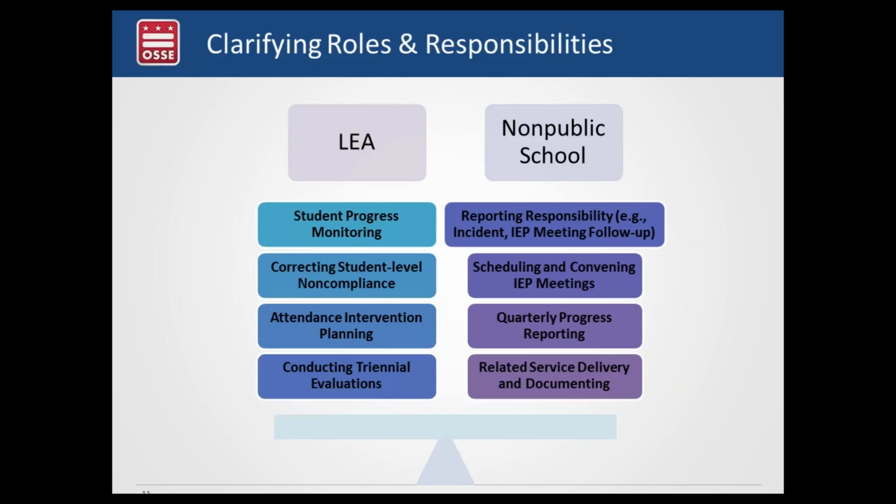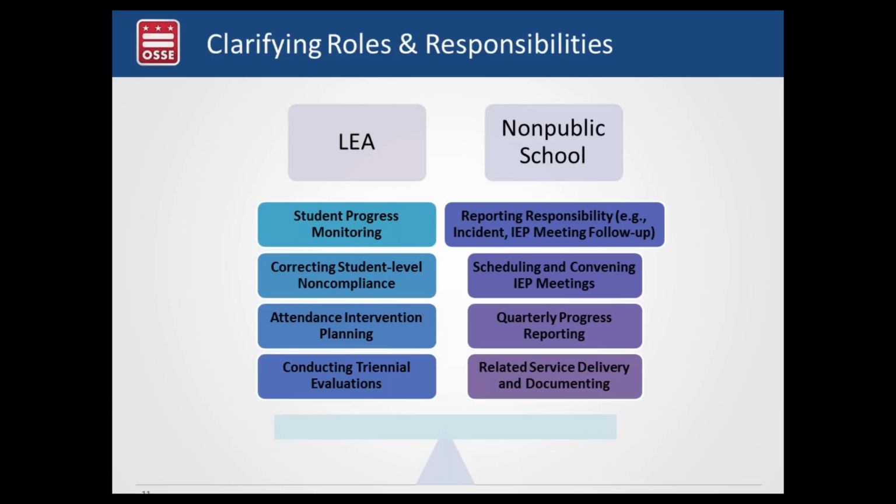So in looking at the roles and responsibilities of the non-public school: reporting responsibilities for any incidents involving emergency behavioral interventions, conducting IEP follow-up meetings for students who have been involved in those incidents, and attendance reporting for students who accrue both excused and unexcused absences.